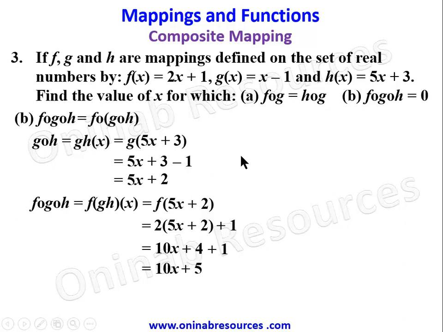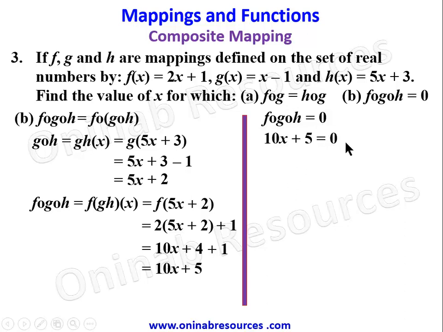Then we go ahead to see, if fgh is equal to 0, what is the value of x. So fgh is equal to 0, which means 10x plus 5 is equal to 0. Solving this linear equation, 10x is equal to -5.